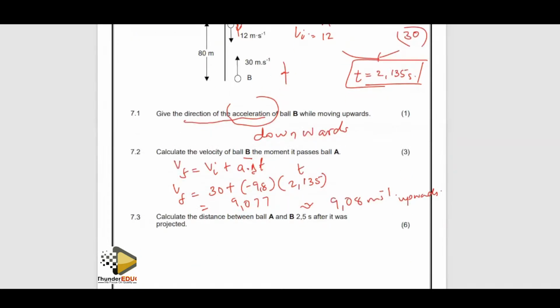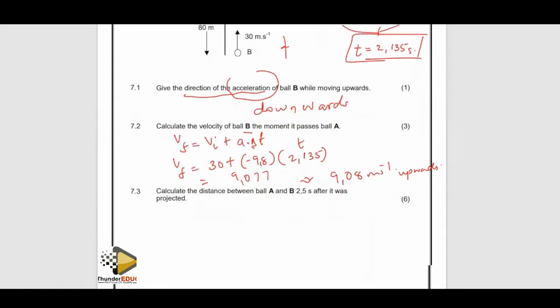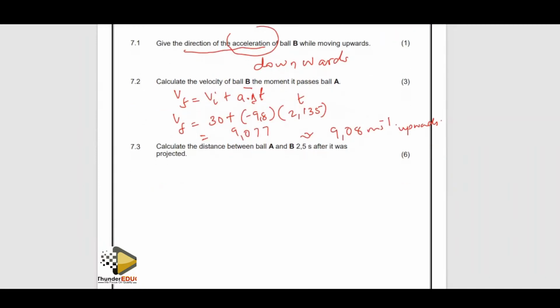Okay. Then calculate the distance between A and B, 2.5 seconds after it was projected. Okay. So I'm gonna use delta y is equal to vi delta t plus a half a delta t squared.